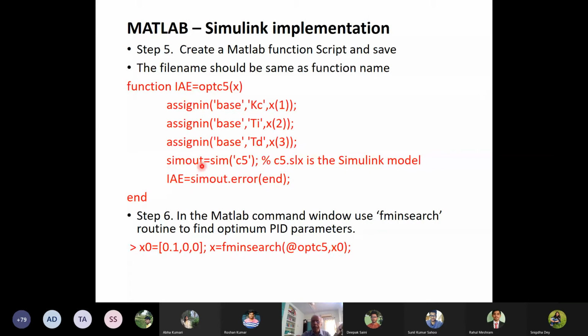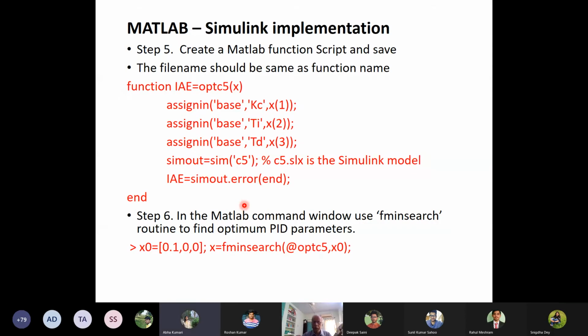When I'm initializing this, I am also telling that x1, x2, x3 are initially x0, that means 0.1, 0, and 0. It will start from here, these will be assigned as Kc, tau I, and tau d, and then it will be simulated. Then it will go to fminsearch, new values of x will come, and the process will go on till this IAE is minimized.